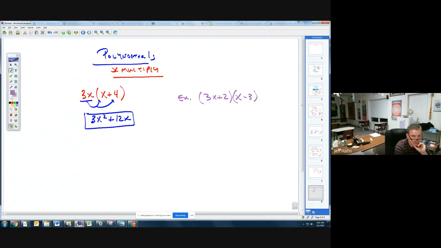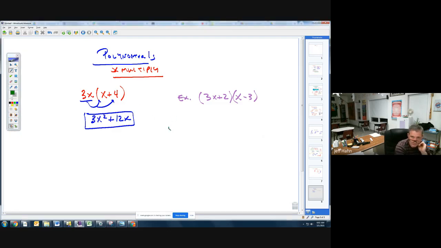And the basic rule of thumb is this. When you multiply polynomials, basically you have to remember this.